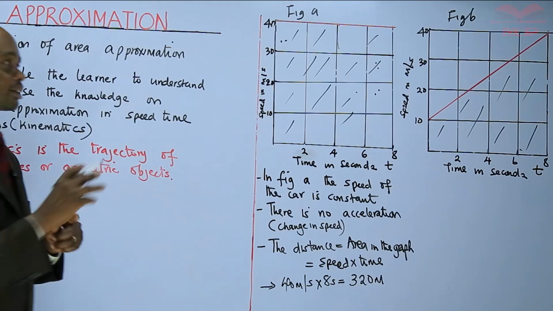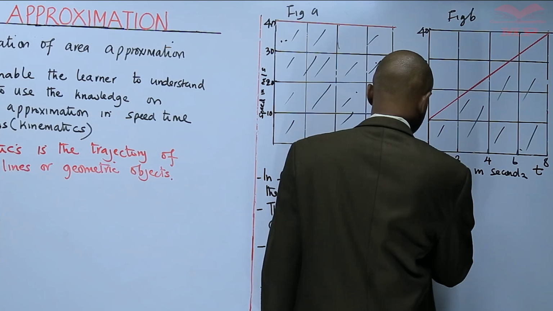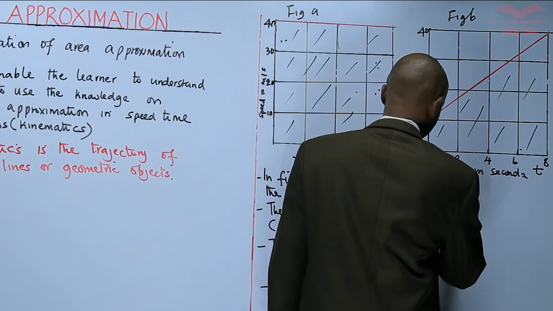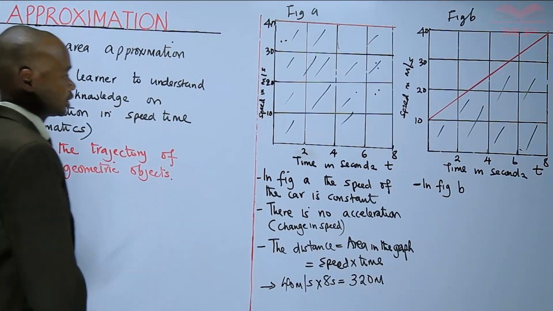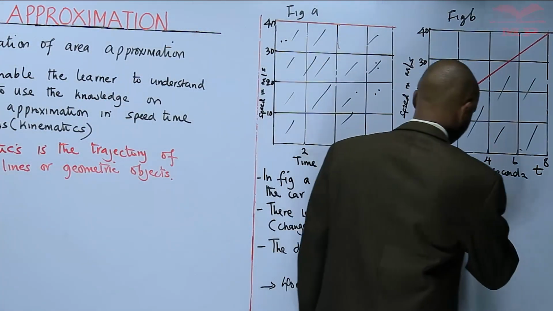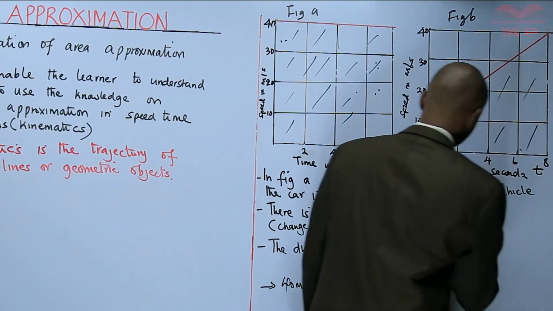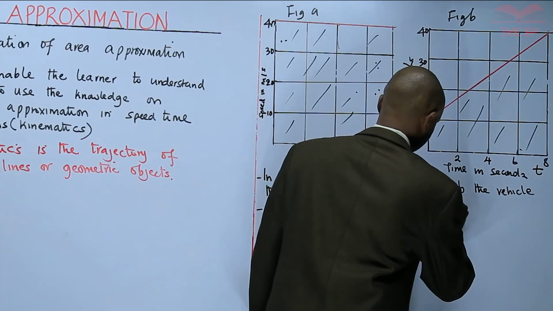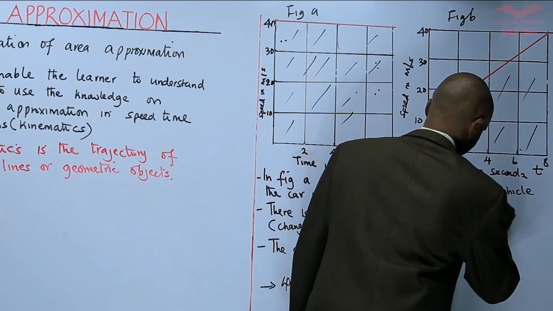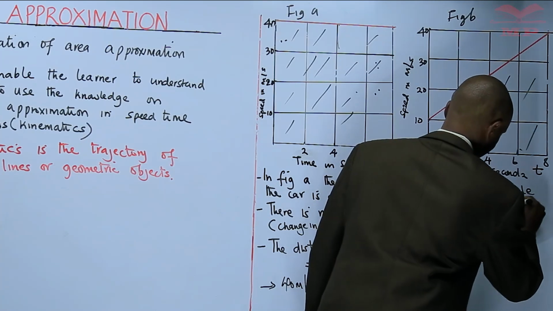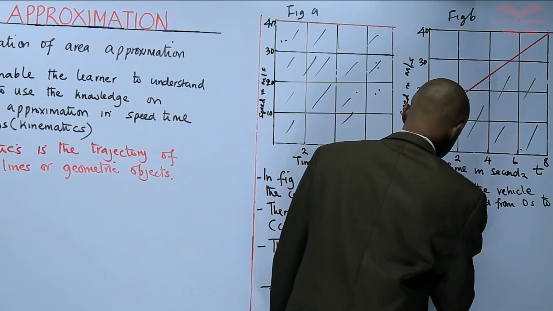In figure B, you see a sloping line. In figure B, the vehicle changes speed from 0 seconds to 8 seconds.